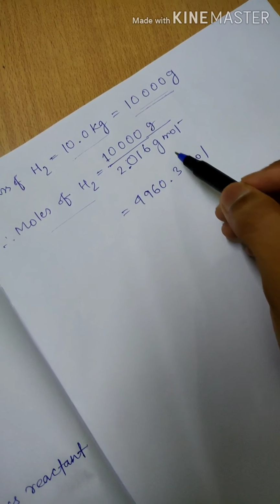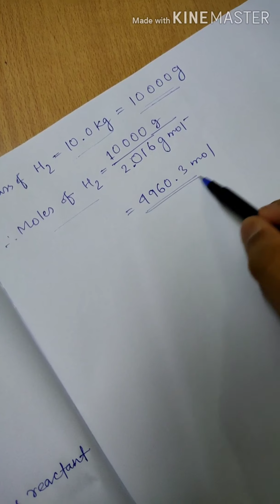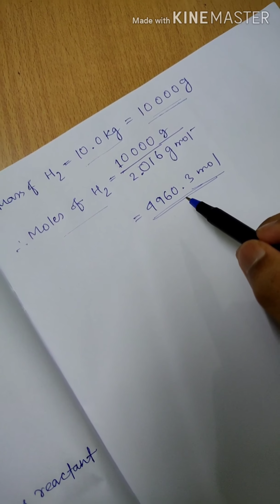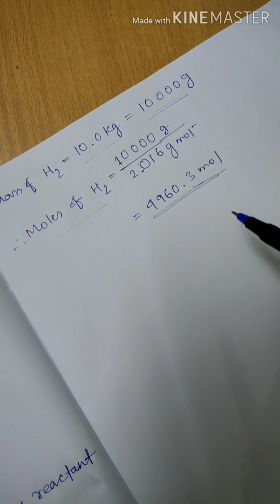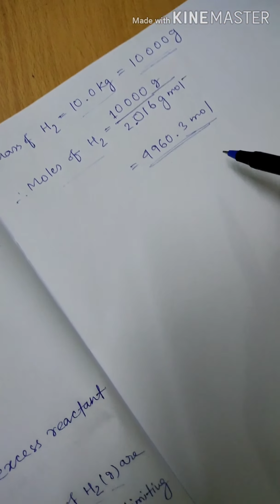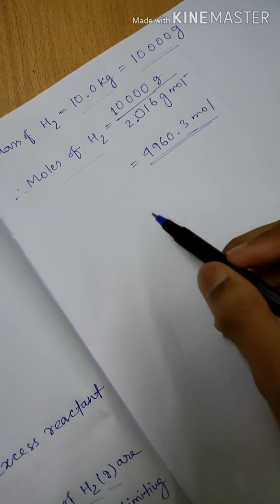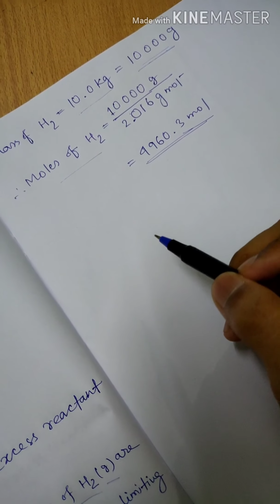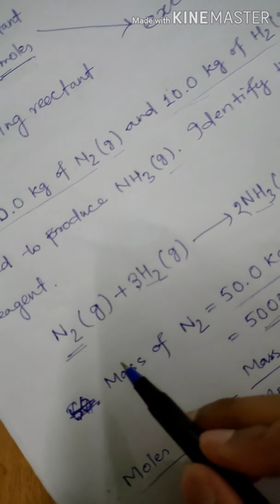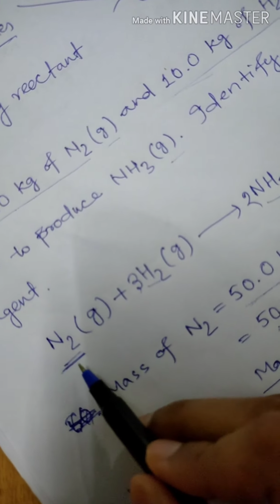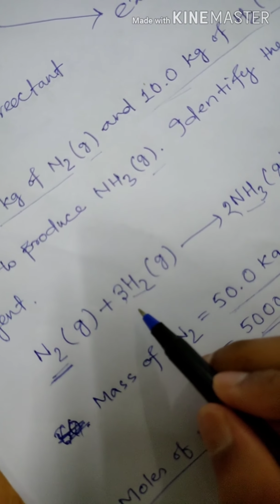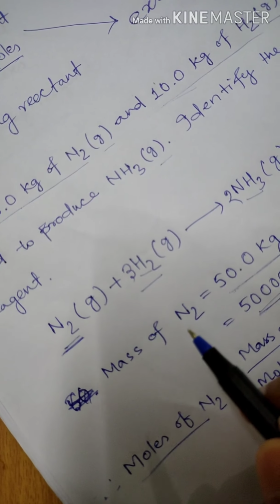So if we divide this, then this will be the result. So now we have converted these amounts into moles. Now we shall identify which one is limiting reagent or limiting reactant.